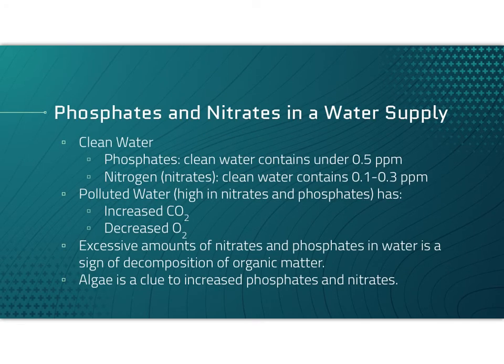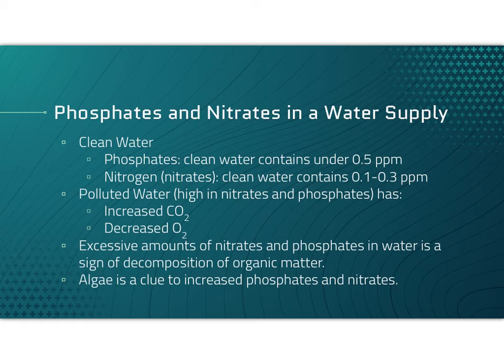So phosphates and nitrates in a water supply. In clean water, we have a low concentration of phosphates. And nitrogen or nitrates, we also have a fairly low concentration of those. In polluted water, we have a high nitrate and phosphate concentration, as well as increased carbon dioxide, decreased oxygen.